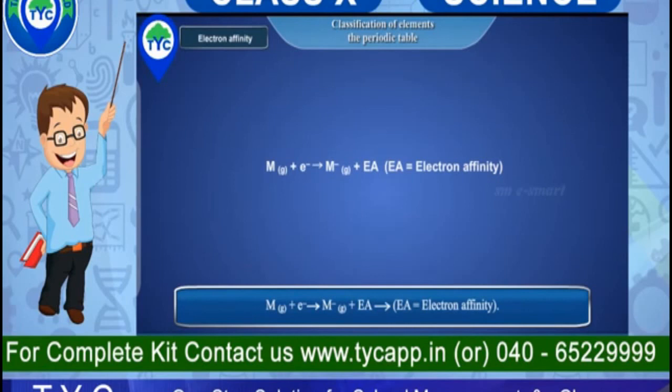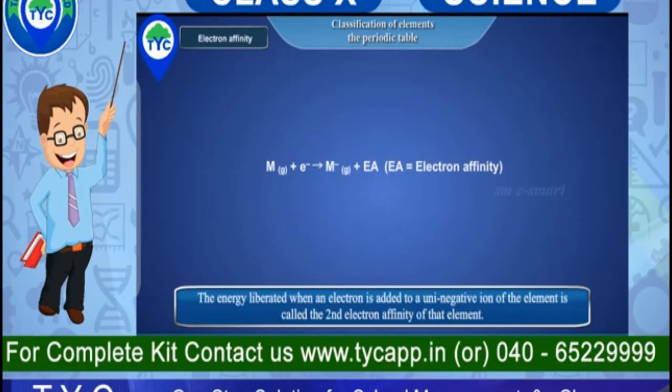Ea equals electron affinity. The energy liberated when an electron is added to a uni-negative ion of the element is called the second electron affinity of that element. However, practically no element shows liberation of energy when the second electron is added to its uni-negative ion.